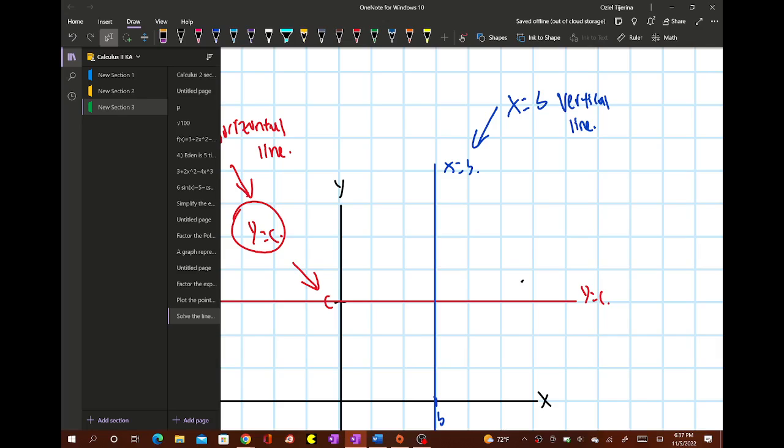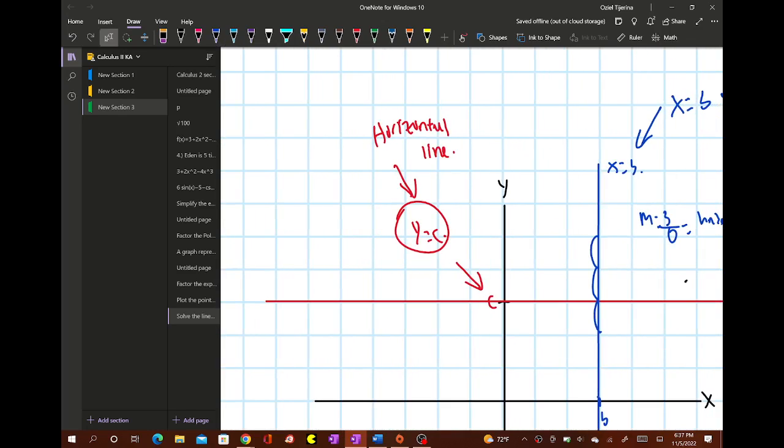To explain this more clearly: 1, 2, 3, but it's not running. So it's like saying the slope is 3, but it's not running anywhere, so it's 0, and that's undefined. We have to remember that for vertical lines, the slope is undefined. For horizontal lines, the slope is 0 because it's not rising.